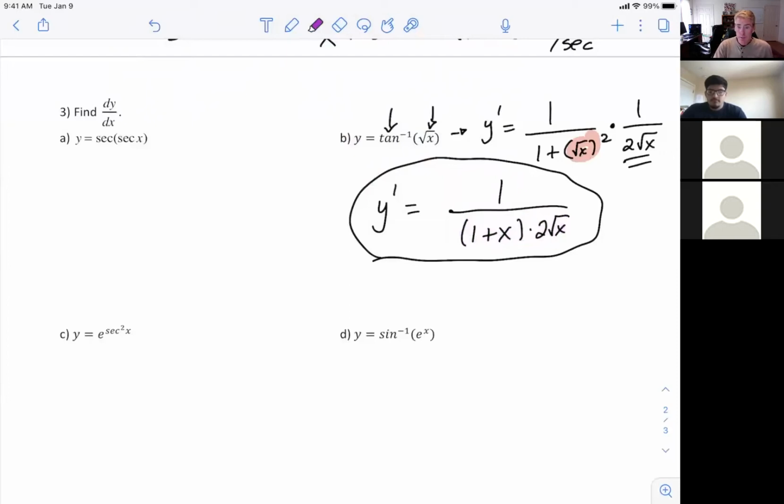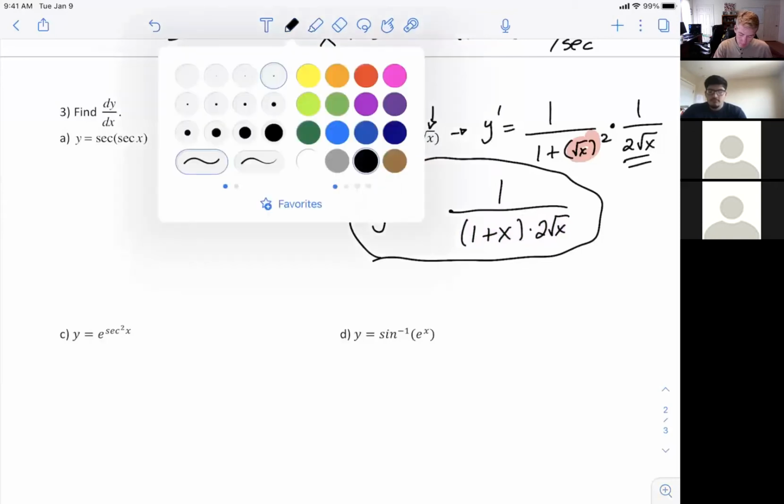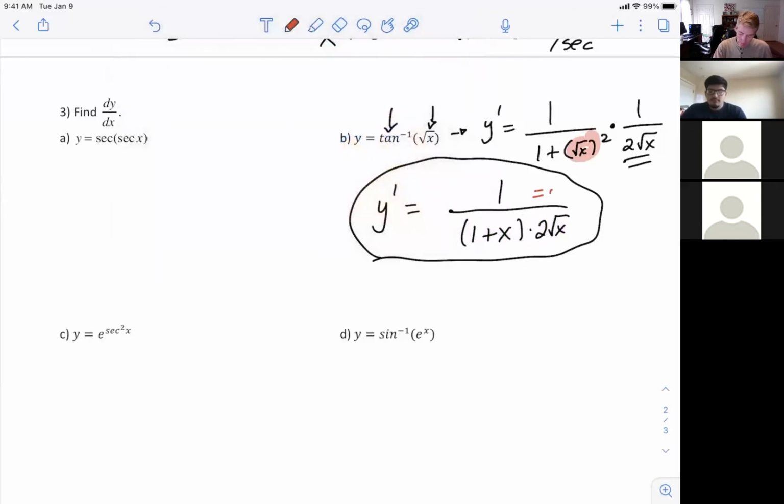you'll be asked, when does the derivative equal 0? So that is when the top equals 0. And also, when is it undefined? So that would be when the bottom equals 0. So for this one, y prime equal to 0, that means the top has to equal 0, but 1 never equals 0. So this one would have no solutions.